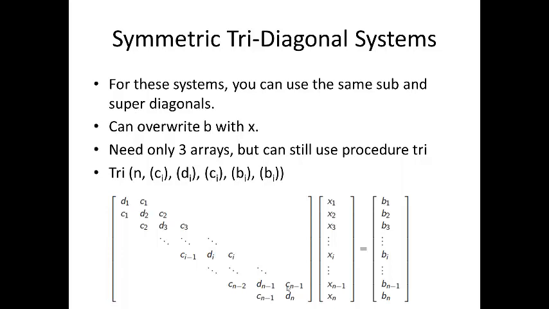So at the end of the day, we only need 3 arrays, but we can still use procedure tri. We just change the parameters that are passed to it. So here, instead of a sub i, we would pass c sub i, and d sub i is the same, c sub i, b sub i, and then for the solution vector, b sub i, which we can overwrite. As an application, these often arise in cubic spline functions, and we're going to see those in Chapter 6.